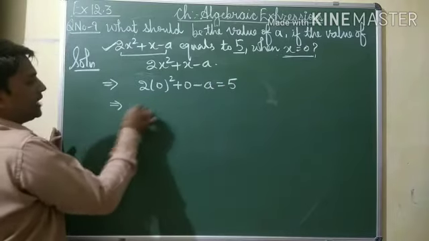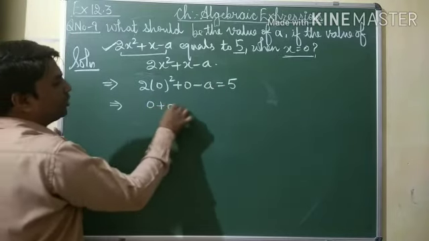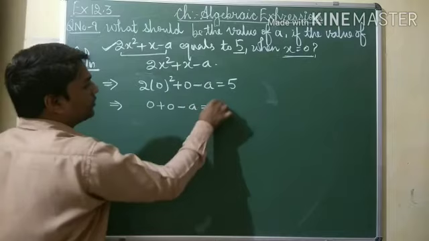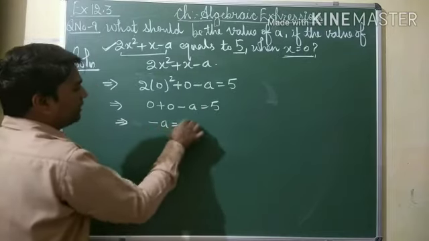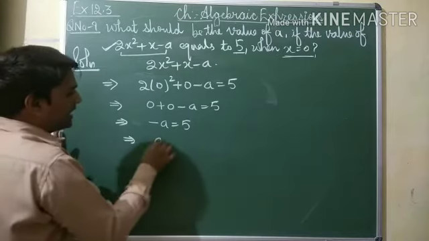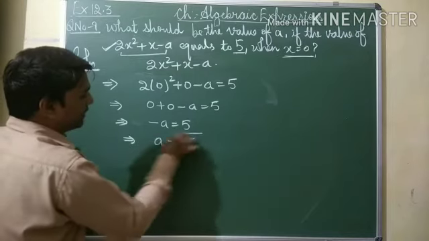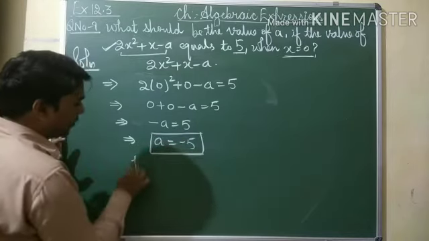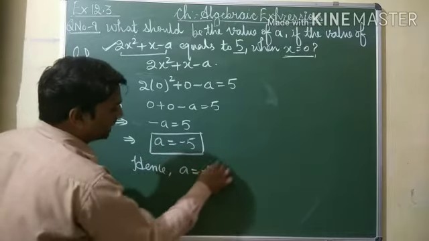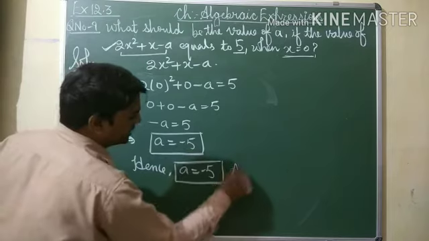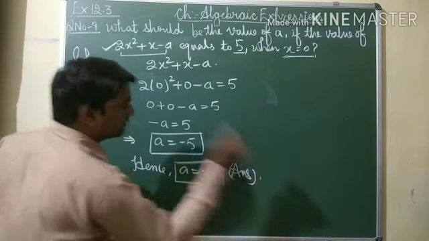Which further implies 0 plus 0 minus a is equal to 5. Which further implies minus a is equal to 5. Which implies a is equal to minus 5. Hence, the required value of a is equal to minus 5. So this is the required answer.